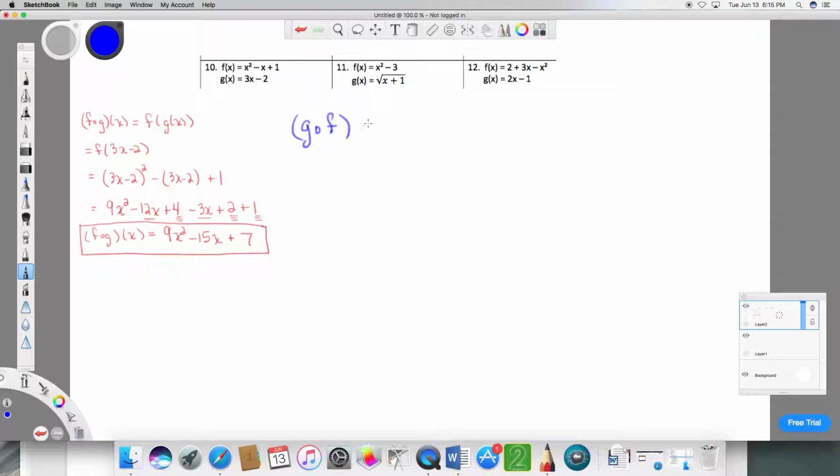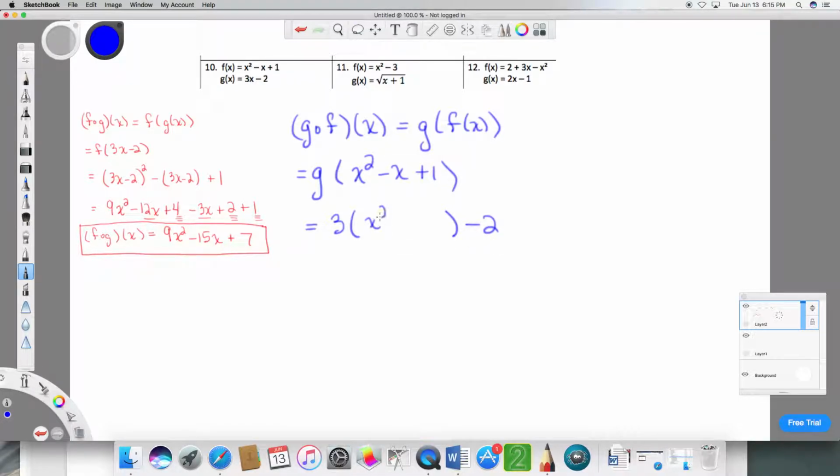So let's find g composed with f. This time f is the input. F is this trinomial. And what g always does, g always creates a subtraction problem. The first term is 3 times the input, and then it's always minus 2.